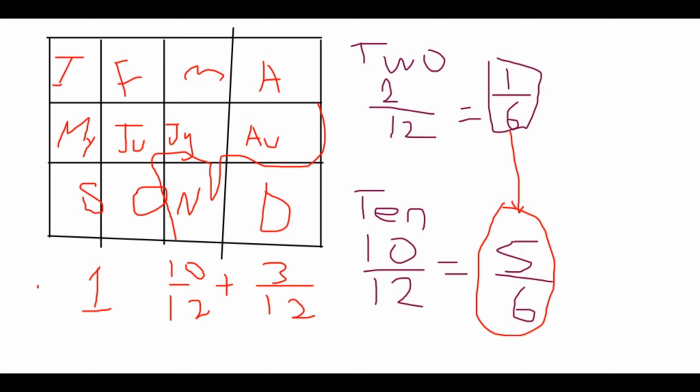If we add these two fractions, we'll have 13/12, which is not equal to 1. Well, you can say it's approximately 1, but it's not equal to 1, because it is 1 month more than the number of months in a year, so it will not be equal to 1.